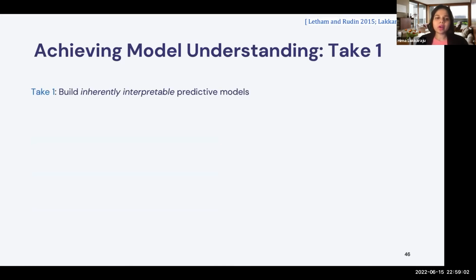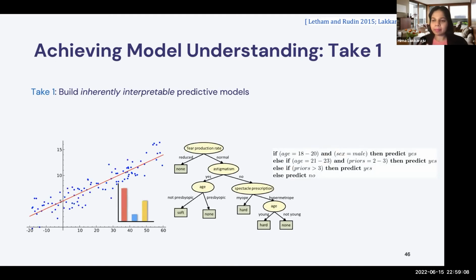So, one of the commonly employed strategies is to build models that are inherently interpretable. For example, a lot of model classes, whether they are linear models, such as logistic regression or linear regression, or shallow decision trees, or rules with fewer predicates and conditions.